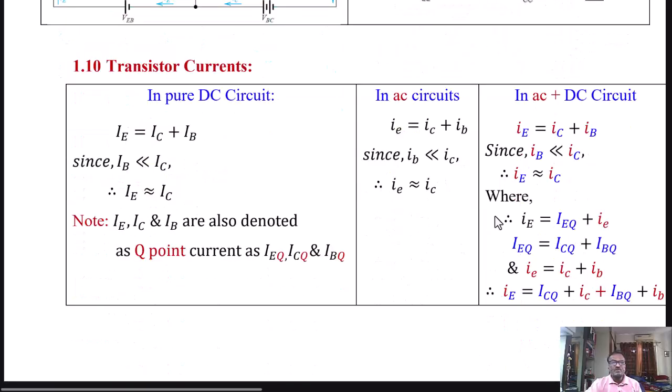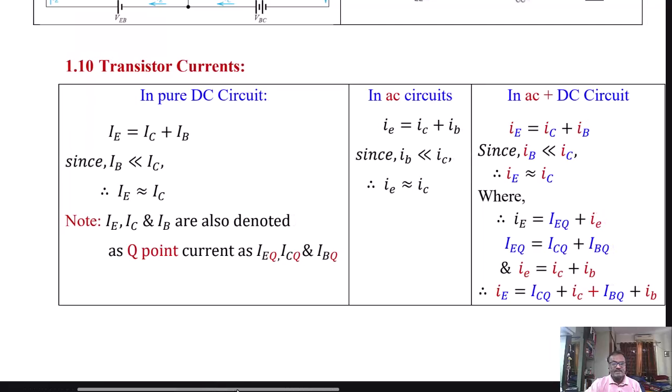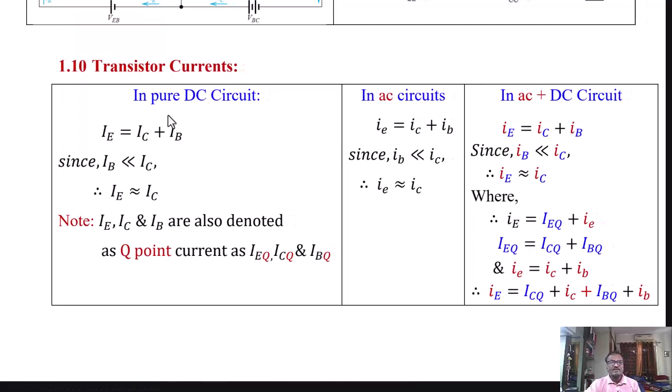Now let us see the nomenclature for representing the various electrical quantities in a BJT circuit. Here in the first column, the relationship IE is equal to IC plus IB is shown with capital letters. Normally DC quantities are shown with capital letters. Since IB is much less than IC, we can say IE is approximately equal to IC.